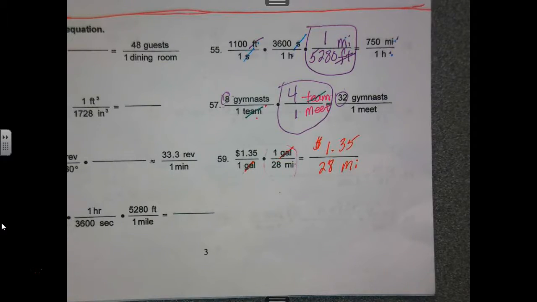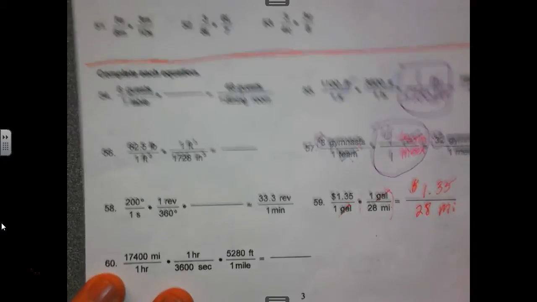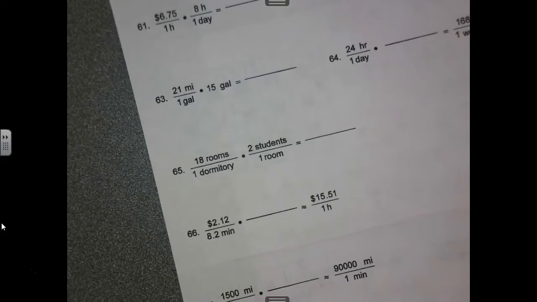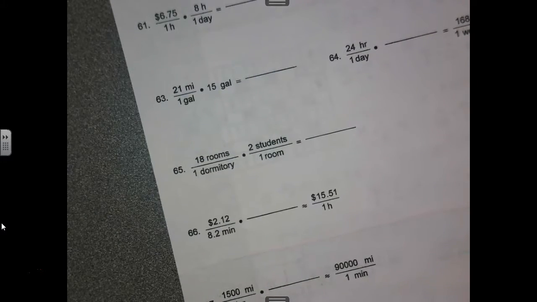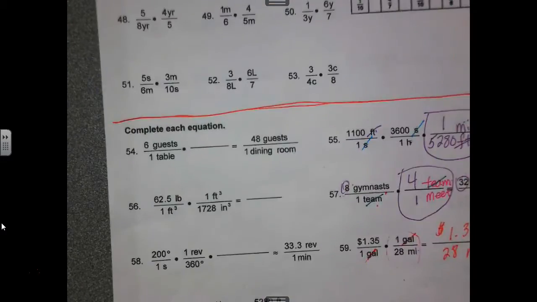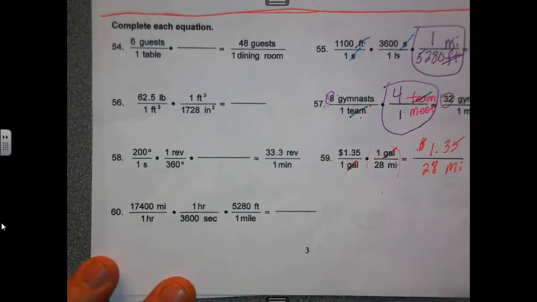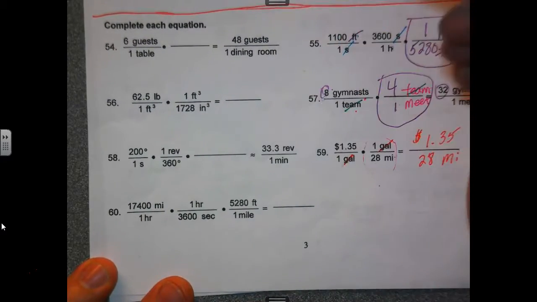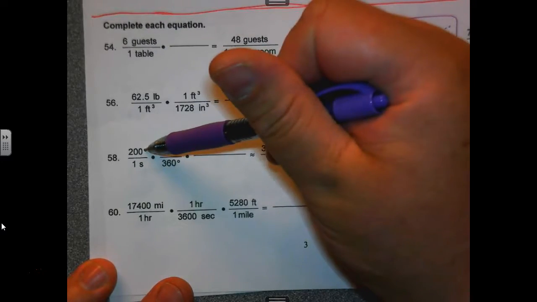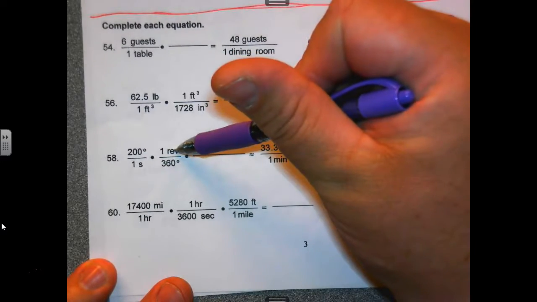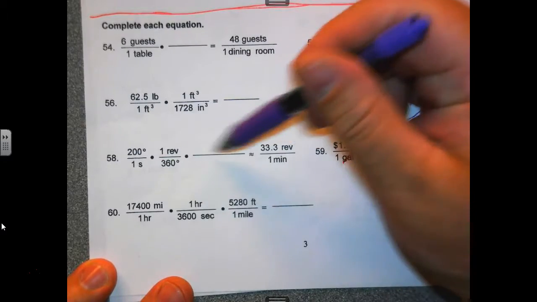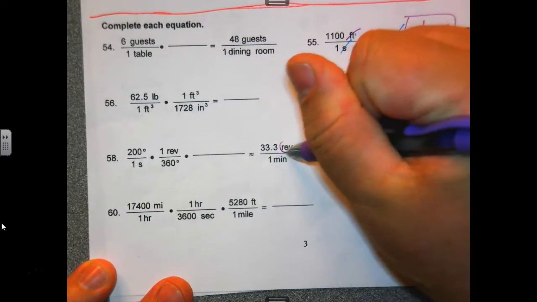Want to try another one? Let's do 58, because I think 58 is on the test. Okay, let's see. I've got degrees, revolutions, and I want to keep revolutions.